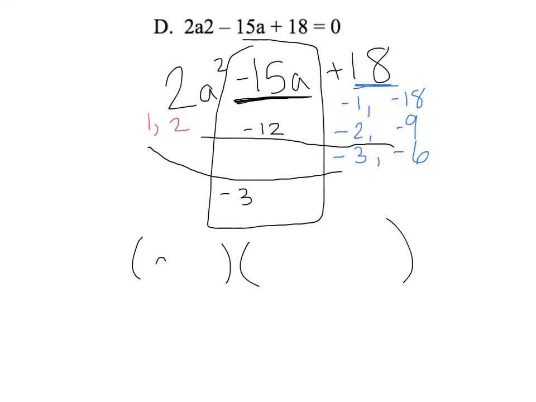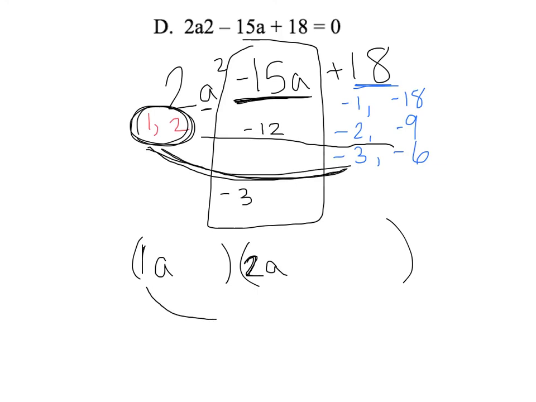So we need a's in the front, since we have a squared. My numbers on the left here have to go in front of the a's, since they came from the 2 that's in front of a squared. And 1 went with negative 3.